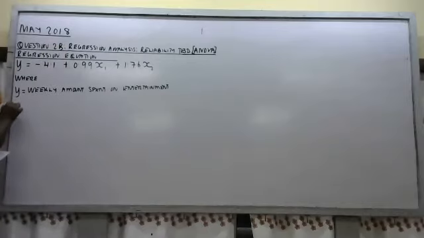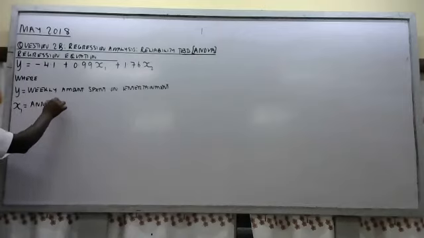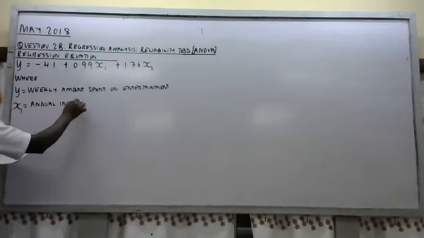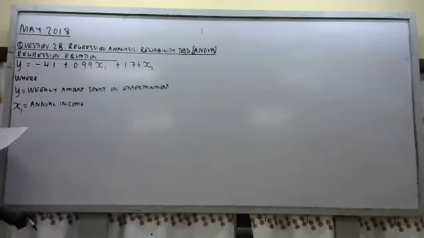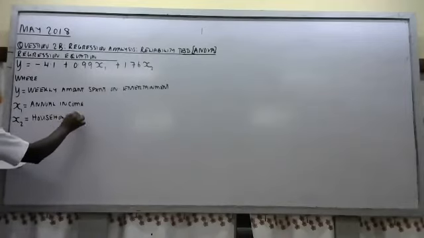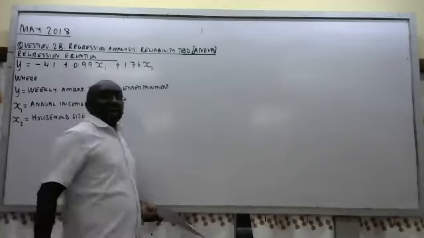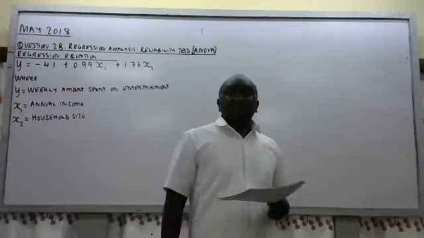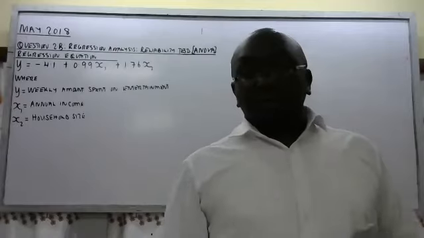Then X1 is going to represent the annual income, and X2 is going to represent household size. So that is the answer to the first question. That is how you are supposed to state it.